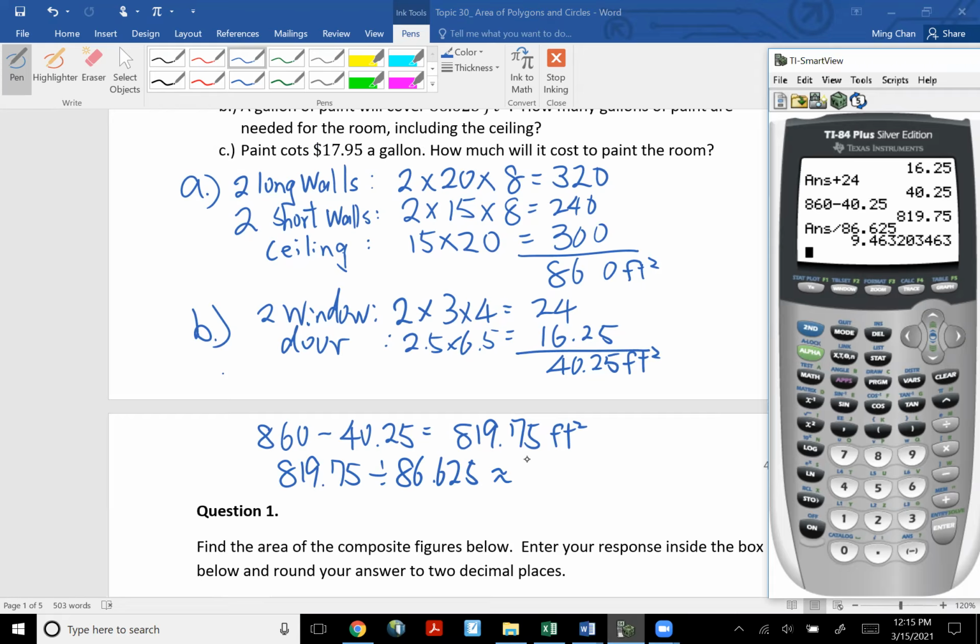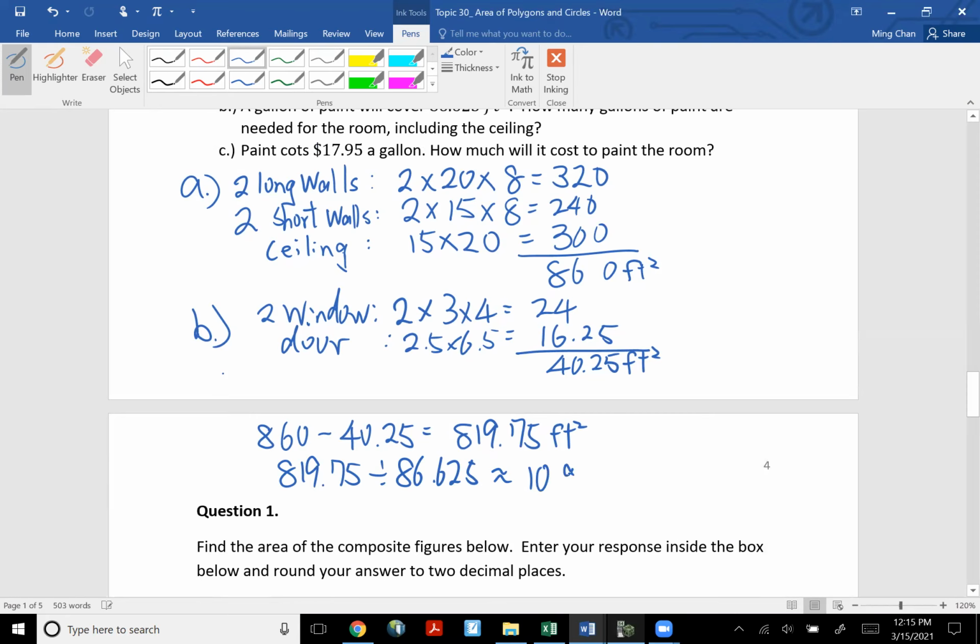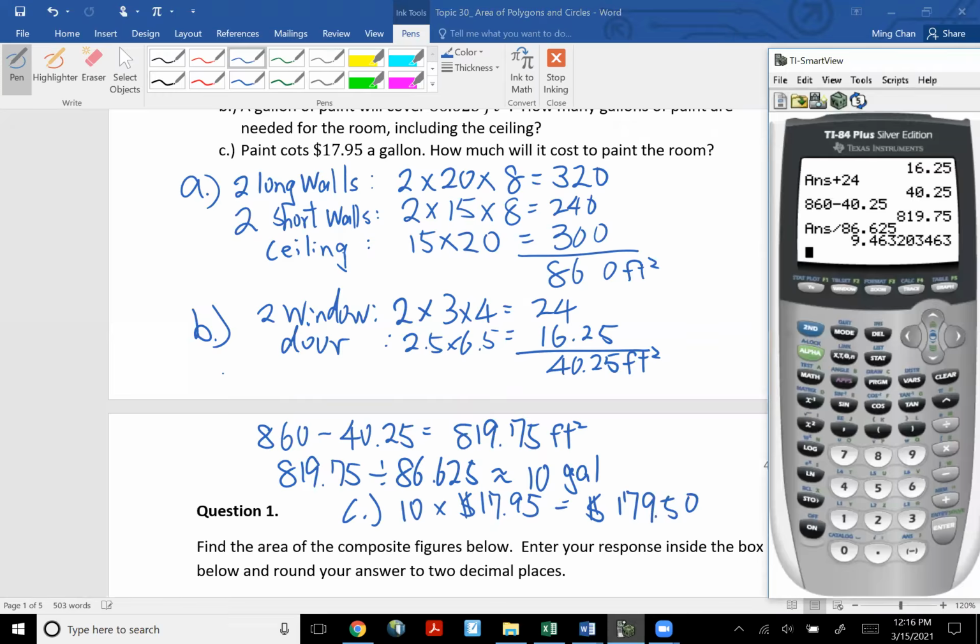Okay, so I still need about 10 gallons. All right, so 10 gallons times 17.95. So it will still cost me $179.50. Okay.